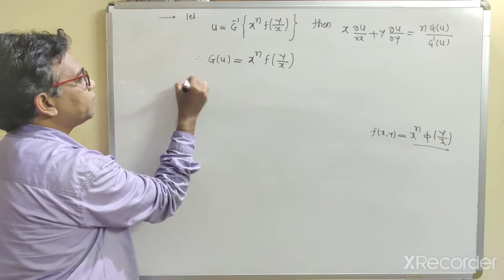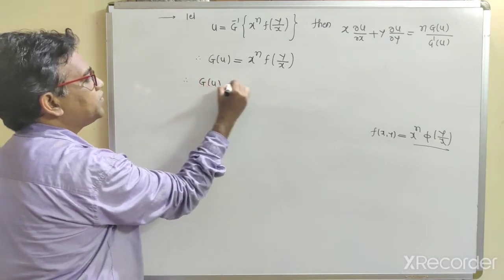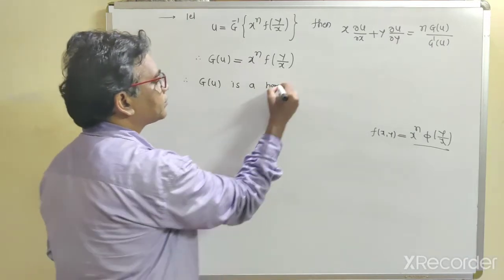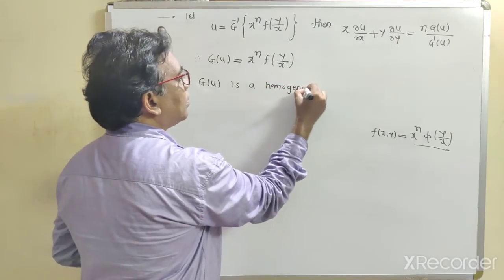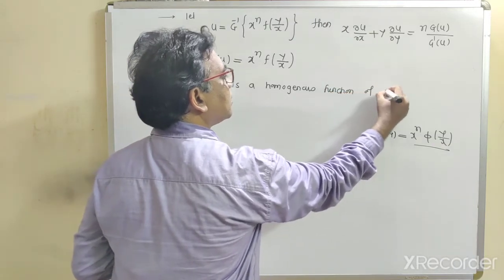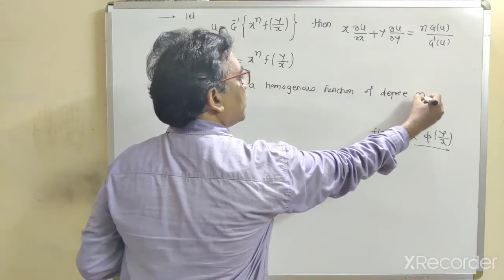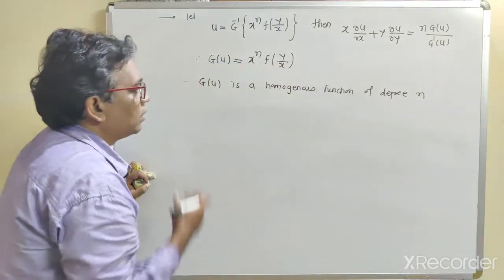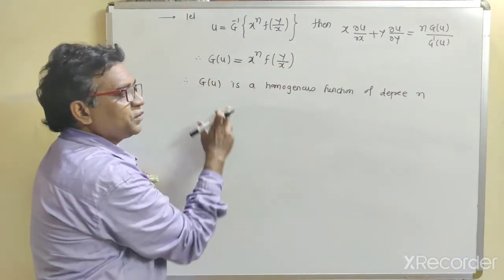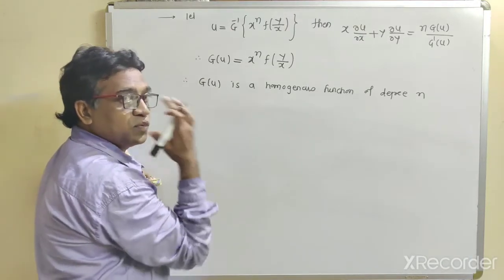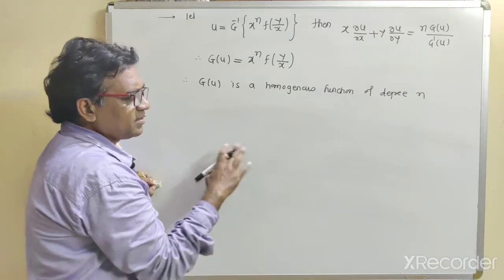Therefore, g(u) is a homogeneous function of degree n. Since g(u) is a homogeneous function of degree n, we can use the statement of Euler's theorem. What is the statement?